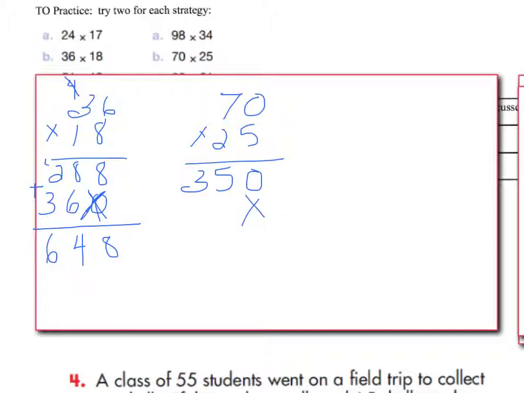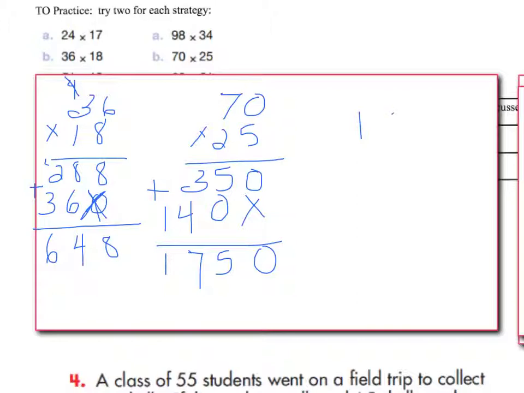And now I'm going tens to ones, 2 to 0. 2 times 0, well again, anything times 0 is just 0. And now 7 times 2 is 14. I have to add those up. 0 plus 0 is 0, 5 plus 0 is 5, 3 plus 4 is 7, and 1,750.